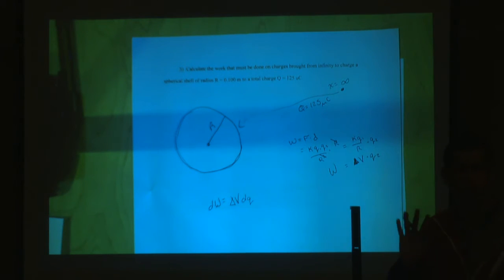So for our first dq, the change in potential is 0. We don't have to worry about it. Second dq, that's not the case. Let's see what this delta V is.